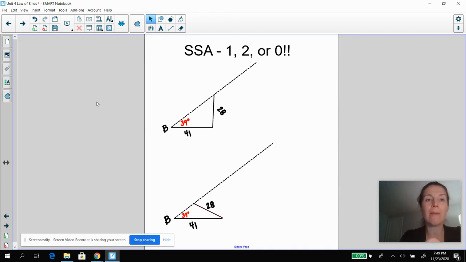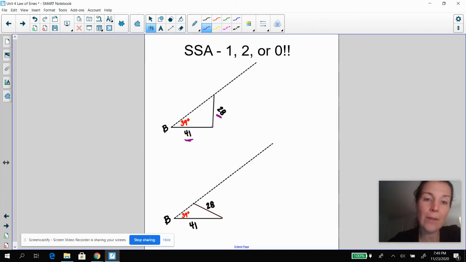So here is my set side, my other set side, so 28, and then this set angle. And see how 28, like I don't know what this angle could be or this angle. We have no idea what those angles could be. And so that side can really hinge. I like to think about these being connected, right? So we could hinge kind of along this dashed line. So I would get an angle right here.